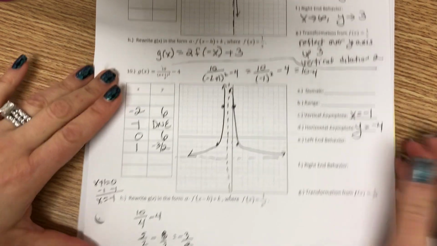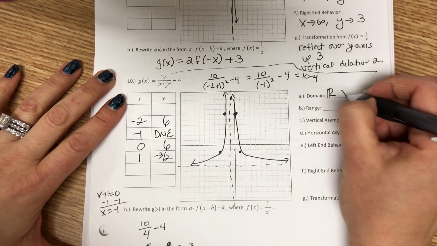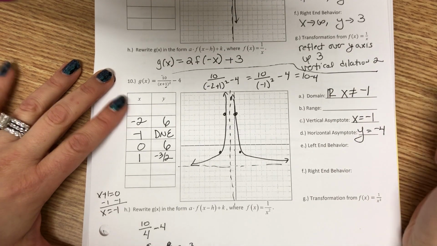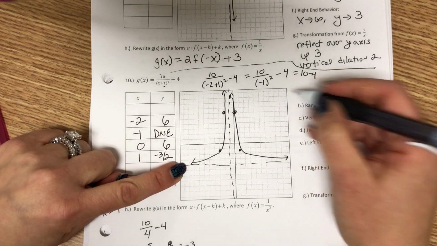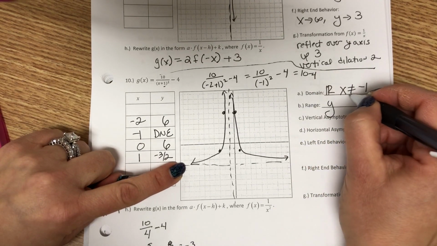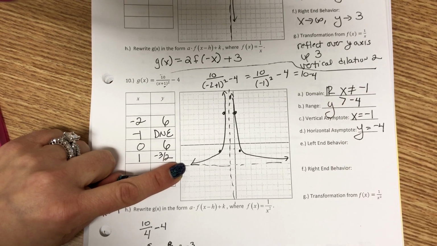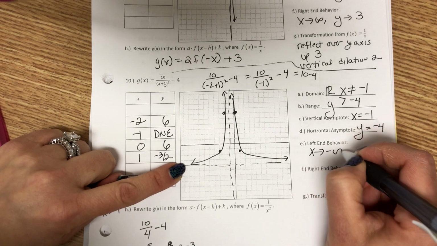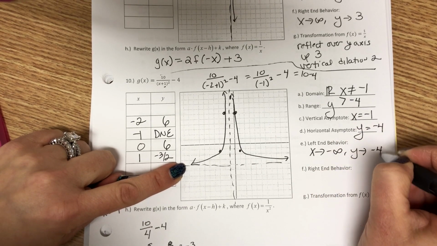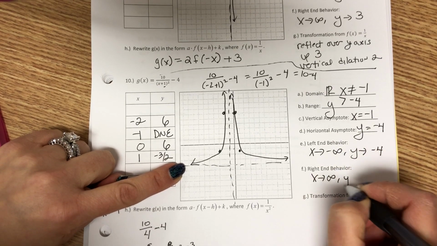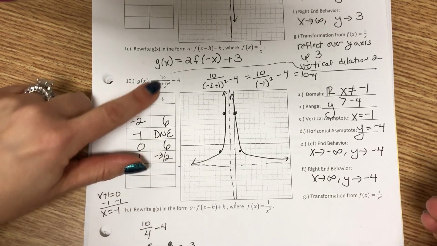All right, let's do our properties. All reals, x cannot be negative 1. The range is above the asymptote, so y is greater than negative 4. And behavior. All right, our transformations.